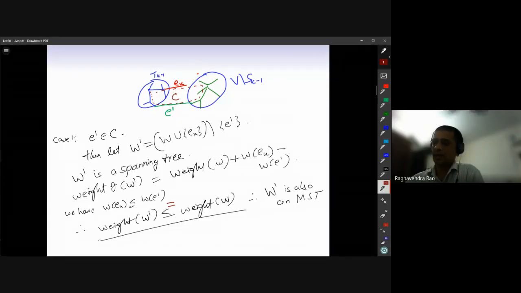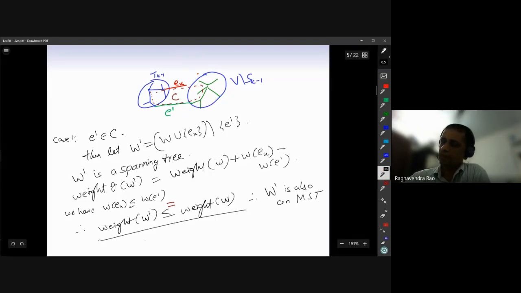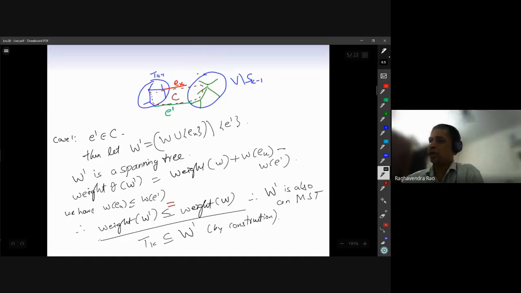Exactly. So what we have is now W prime is an MST which contains Tk. Tk is contained in W prime by construction. Remember that Tk minus 1 was in W. The difference between Tk and W prime up to this part was Ek and E prime. All we did was swap Ek with E prime: remove E prime and add Ek.